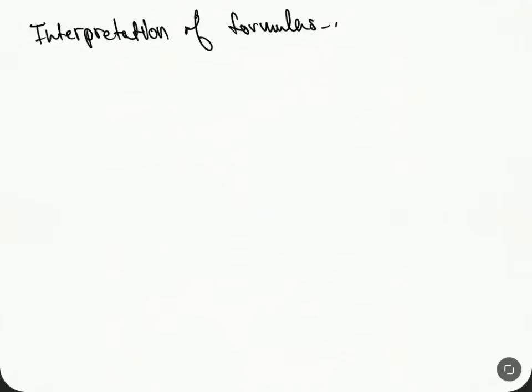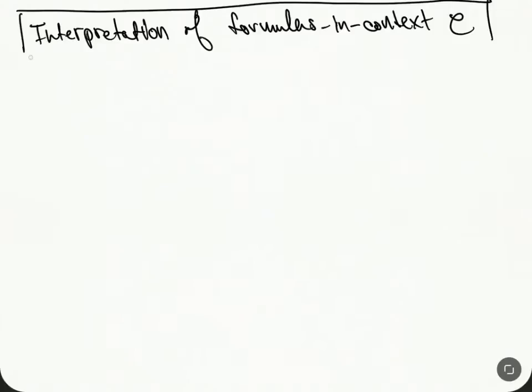So the interpretation of formulas in context in our crazy categories C. So what's the idea?